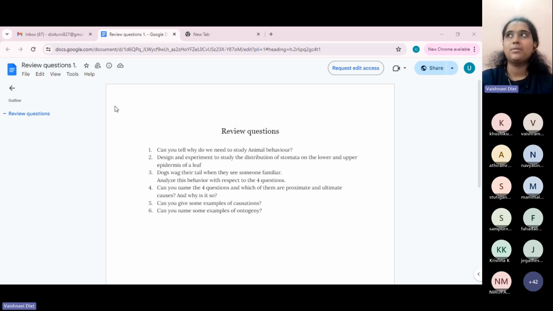Are you getting that? So, suppose there are more stomata on the lower surface, what you will observe is that compared to the normal leaf, it will wilt less. Similarly, if there are equal amounts of stomata on both the surfaces of the leaf, then they will wilt less compared to the normal leaf.